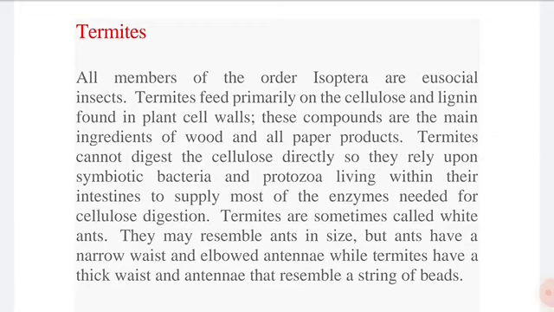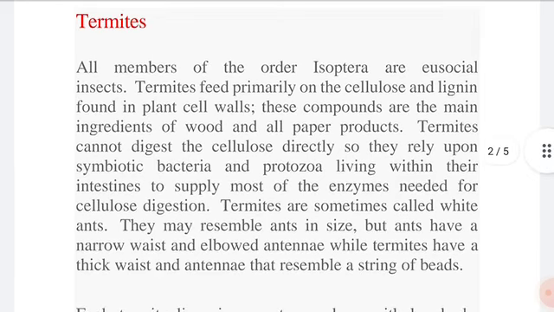Here we will discuss termites as an example. Termites are social insects and all the members of the order Isoptera are eusocial insects. Termites feed primarily on the cellulose and lignin found in plant cell walls. These compounds are the main ingredients of wood and all paper products.